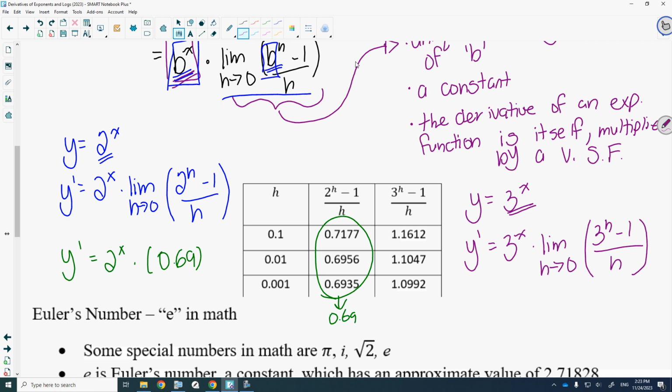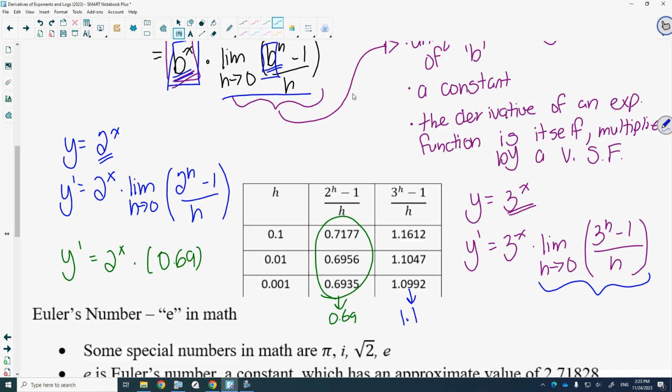Again, I can't plug in 0 because I would have 0 over 0. So numerically, I would pick values really, really close to 0. I'd pick 0.1, 0.01, 0.001, and I would ask, what is this limit approaching? And it's going to get really close to 1.1.